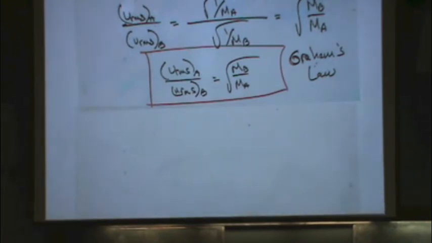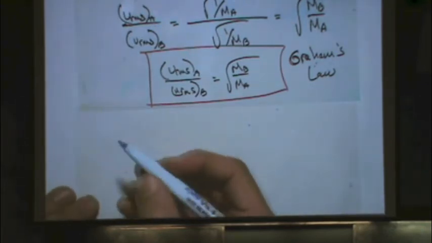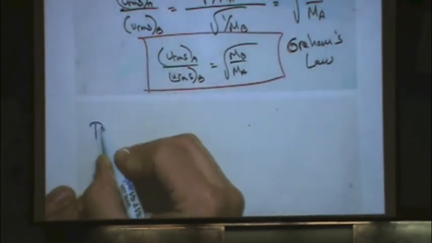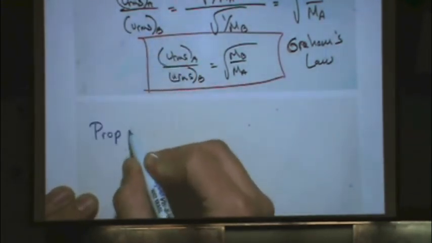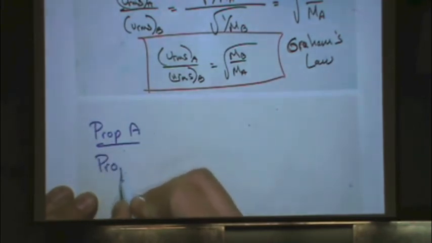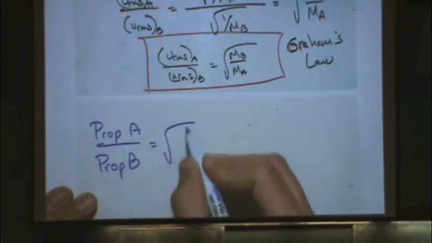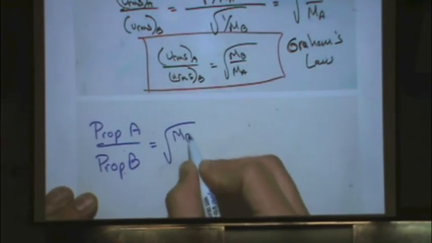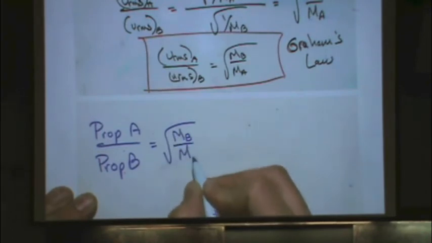And we can expand this quite a bit to say the following. In general, a property of gas A, and there are several properties this will work for, divided by a property of gas B is going to equal the inverse of the molar mass. What properties does this work for?